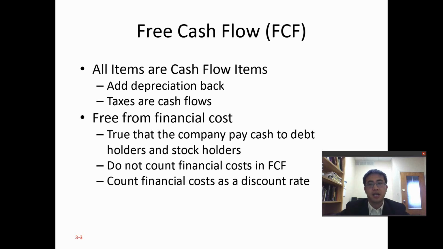Net income plus depreciation is sales minus costs minus interest minus taxes. So sales, cost, interest, taxes are all cash terms. These four items are equivalent to net income plus depreciation. If you consider net income and depreciation separately, they each are not cash flow terms.